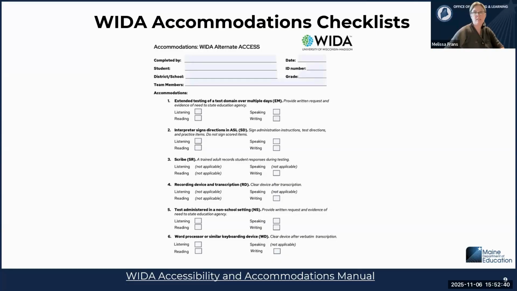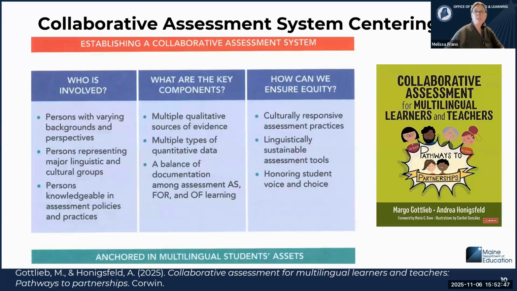alternate assessments. So moving away from summative assessment and thinking about a collaborative assessment system that supports daily instruction and student learning, collaborative assessment is characterized by multiple sources of evidence provided by multiple stakeholders, contributing to the overall picture of what students can do and what direction educators can take.